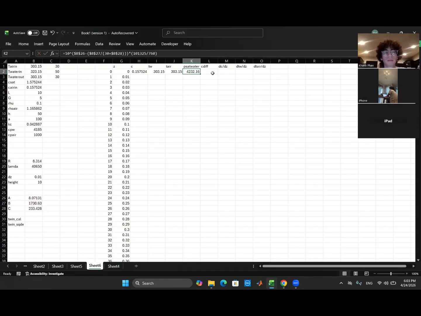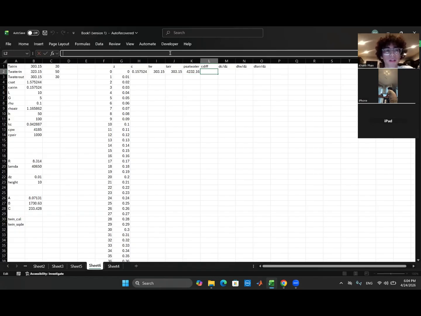So after we got the saturation of water, we can move on to C diff. All right. So the concentration difference is just P sat of water divided by R times T of air, then put them in parentheses.